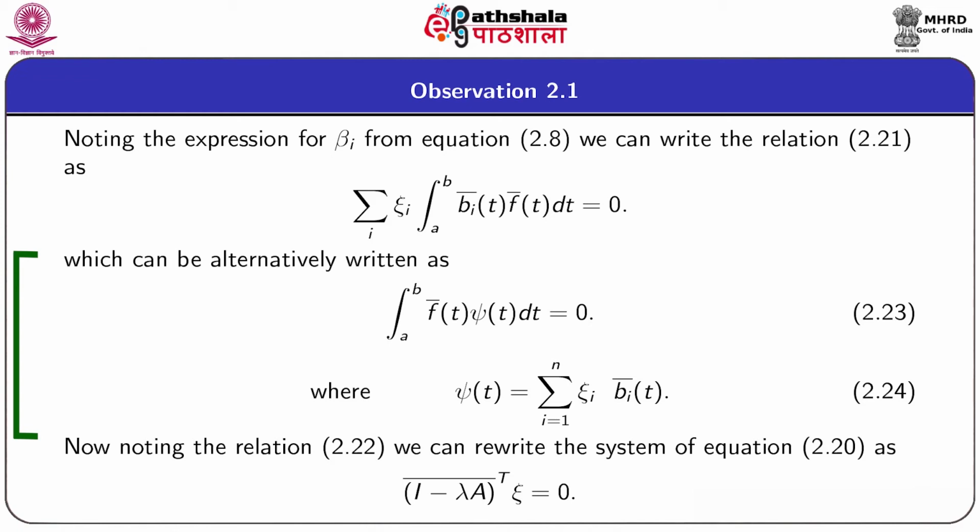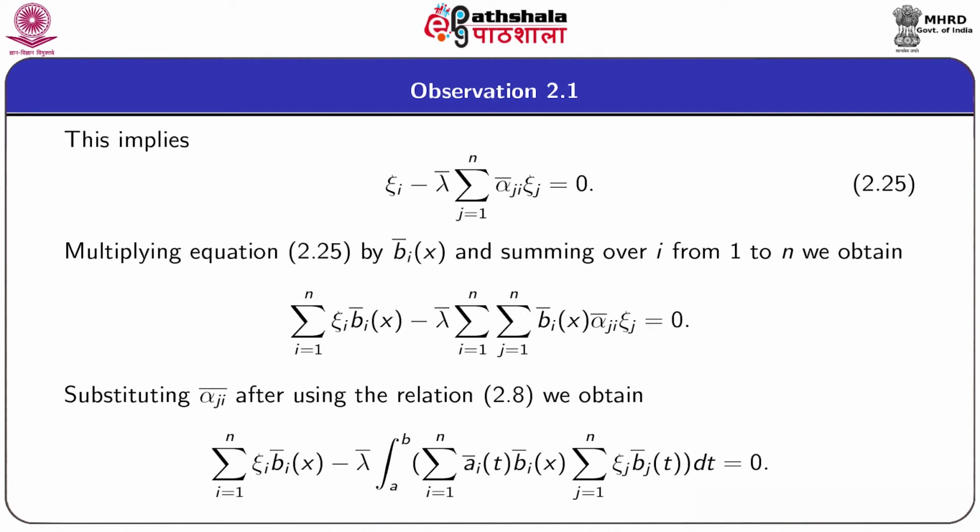So, we shall now see what equation this function psi t satisfies. So, from relation 2.22, we see that xi satisfies this equation. So, expanding this equation, we can write the equation 2.25.